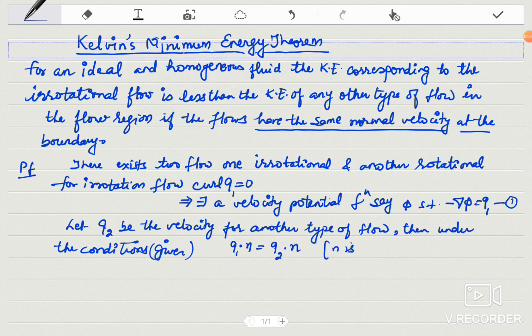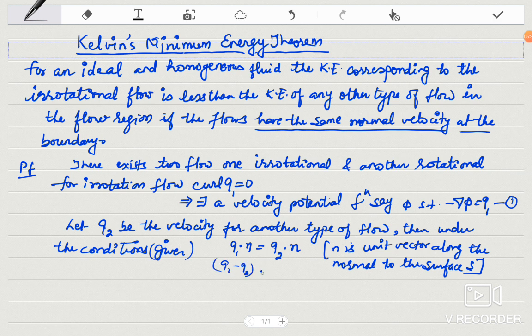What is n? n is the unit vector along the normal to the surface S. So this is the normal component of velocity for the flow moving with velocity q1, and this is the normal component of velocity for the flow moving with velocity q2. But as per the condition, both will be the same. So I may write this difference equal to 0, which is the second condition, to be used later.